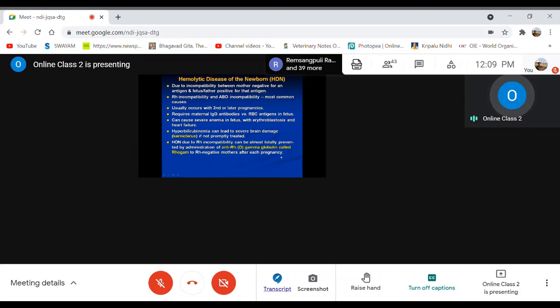Once conceived, if given this drug at that time, it can be prevented. Earlier, many cases happened without any preventive measures, and Rh negative women used to have stillbirths from the second pregnancy onwards, right?